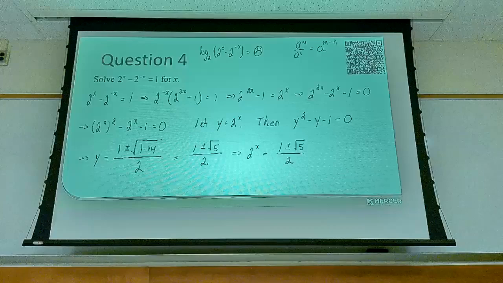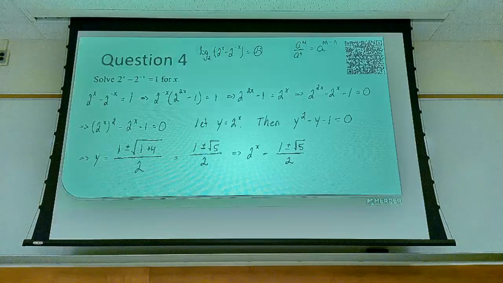Can 2 to the x ever be negative? Again, what's the range of the exponential function?